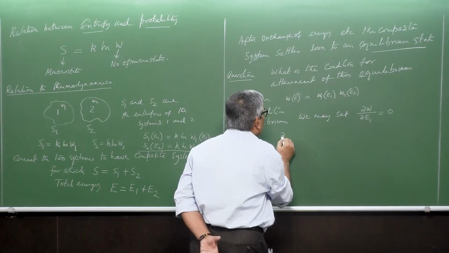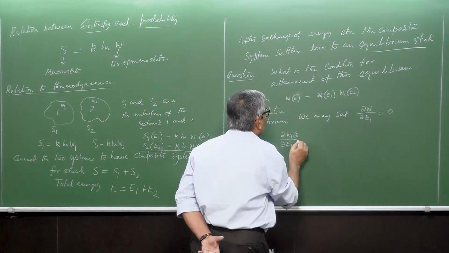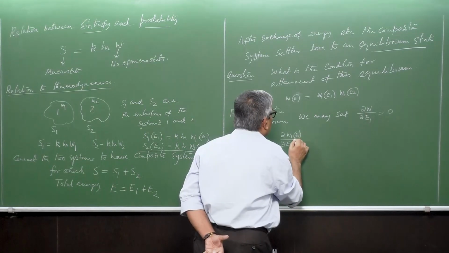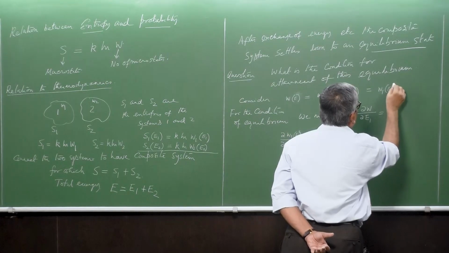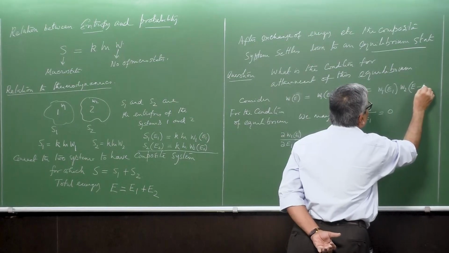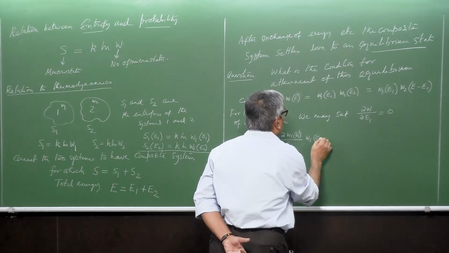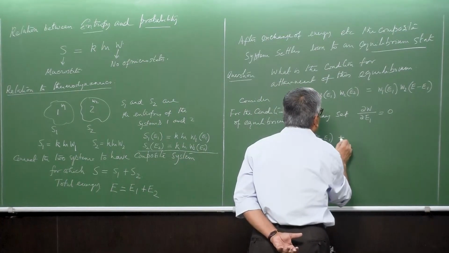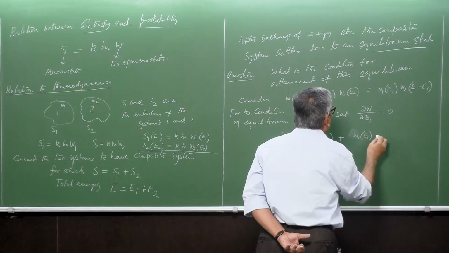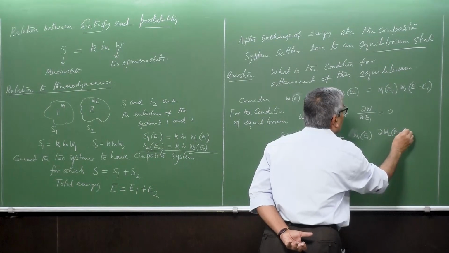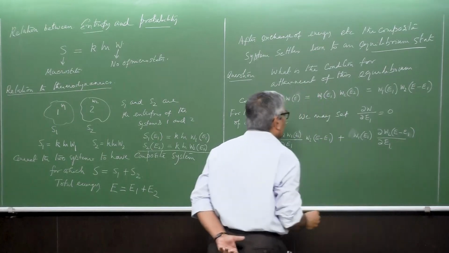We write W1(E1) W2(E minus E1), and differentiating gives W2(E minus E1) del W1(E1) by del E1 plus W1(E1) del W2(E minus E1) by del E1, equal to 0.